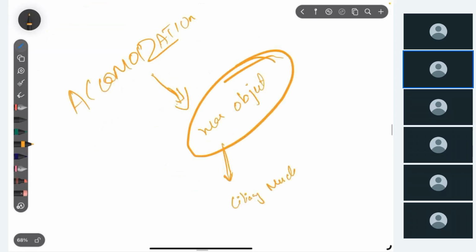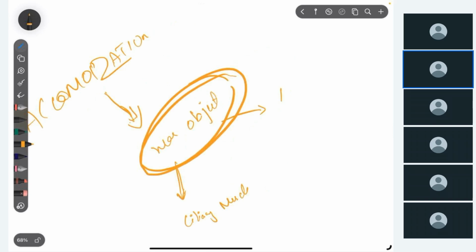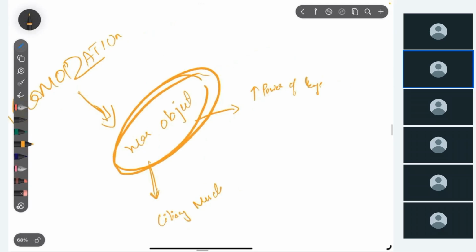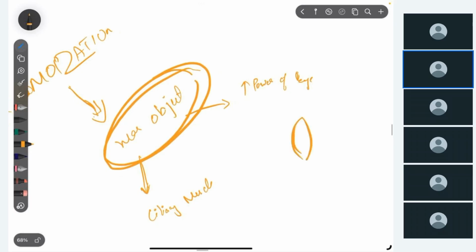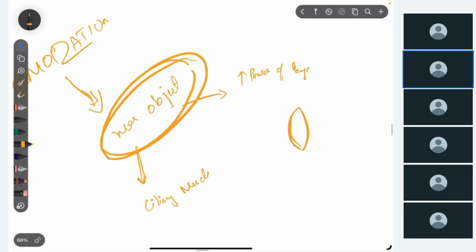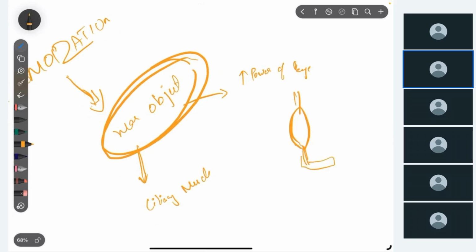To see a near object, you need to increase the power of your eye. To do that, you can change the anterior curvature of the lens. If you increase the anterior curvature of the lens, the refractive power of the eye will increase. This happens when the ciliary muscles contract.